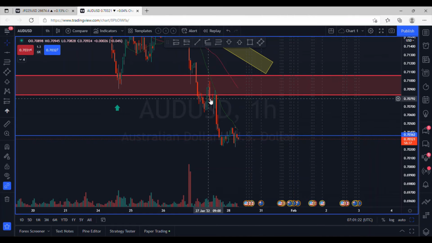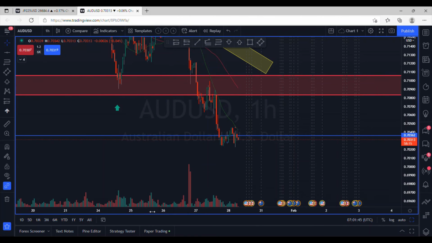So what we can do though is we know that we've got ourselves now an area where we could actually trade between, which is above here at 70474 and below here, which is 70836. And we know this because we drew this out.